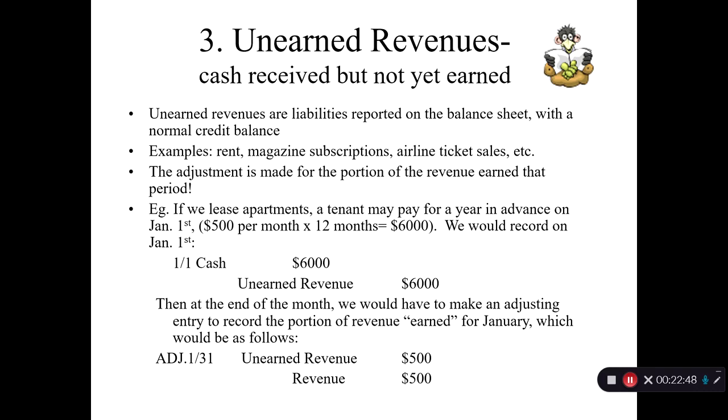So we're going to decrease the liability and put that $500 into our earned revenue. And that would be the adjustment for earning the particular portion of the rent for that month. And that is an adjusting entry. So that would decrease the unearned revenue account to $5,500. 6,000 minus 500 to give us $5,500 going forward.